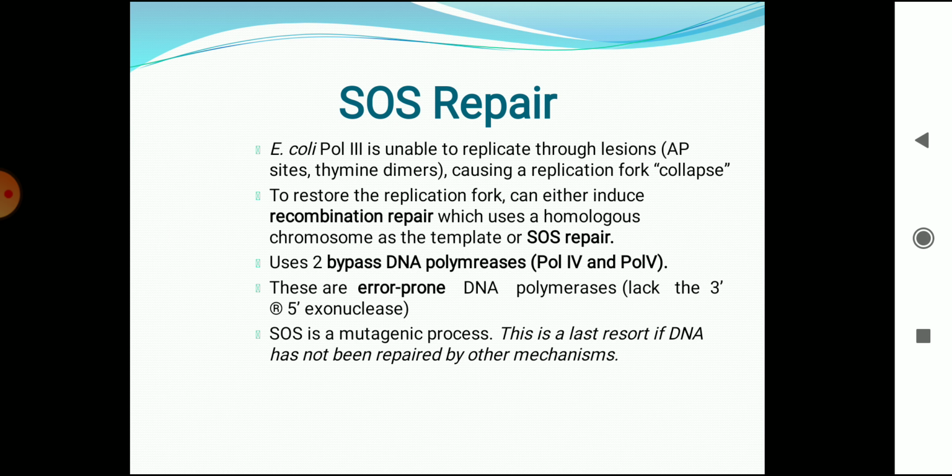SOS repair. E. coli Pol III is unable to replicate through a lesion such as an AP site or thymine dimer, causing replication fork collapse.